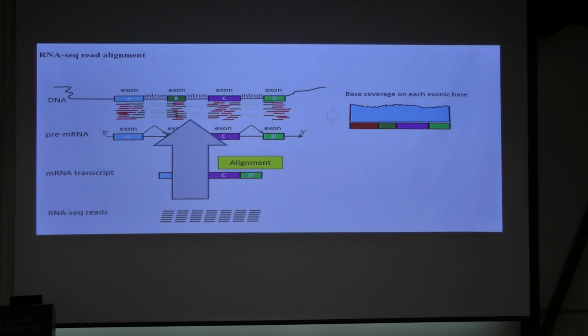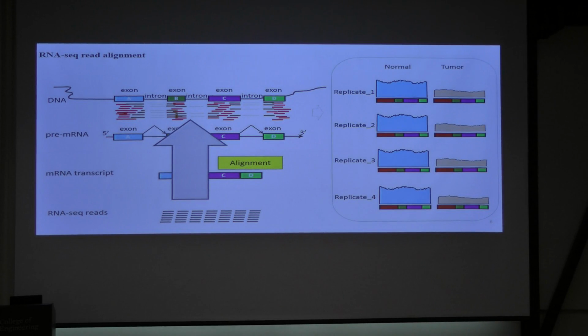Besides the structure information, we can also tell the expression levels of the gene. We can simply count how many reads fall into each exonic region of one gene or one transcript. Then it can be used to estimate the expression level of this gene or transcript.